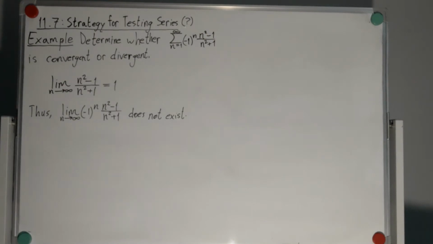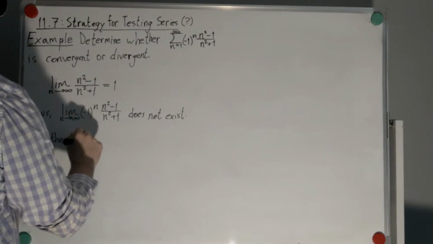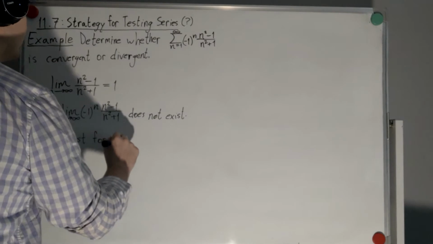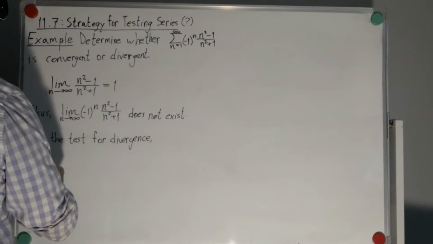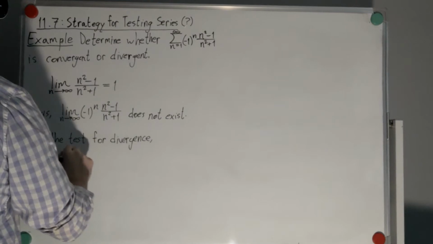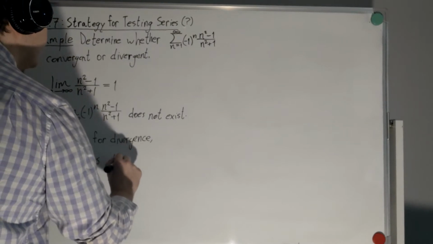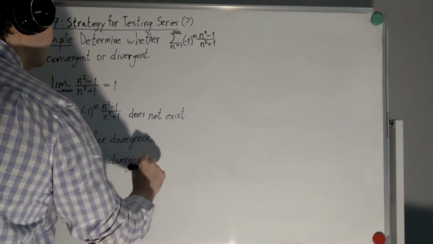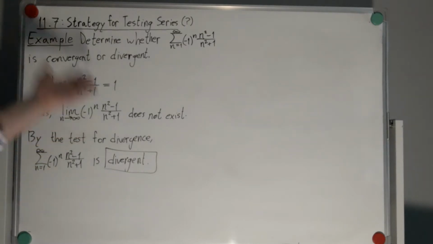And if it doesn't exist, then by the test for divergence, the sum from n equals 1 to infinity of negative 1 to the n times n squared minus 1 over n squared plus 1 is divergent. Because the test for divergence says that if it is a convergent series, then its terms have to approach 0. As it is, these terms do not approach 0, so it's not convergent.